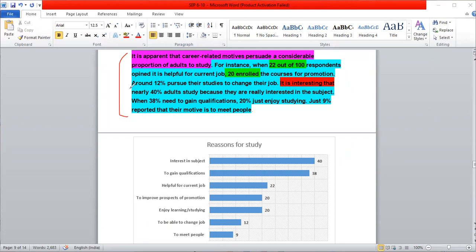So we have divided these things into two. One is job related and the rest. So we can categorize job related things, 1, 2, 3. Others are miscellaneous: interest in the subject, gaining qualification, just enjoying studying, or meeting people.